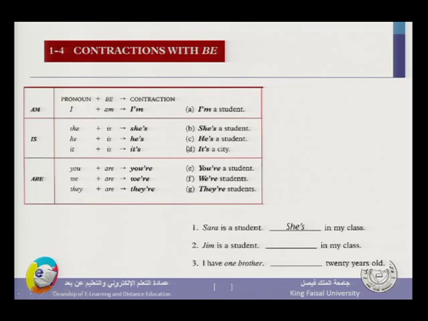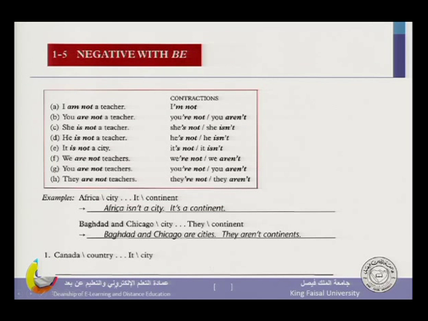So I can say, yes, like this one: he's a student. I have one brother, right? Instead of one brother, I can use he. Yeah, he's 20 years old. This is the contraction.